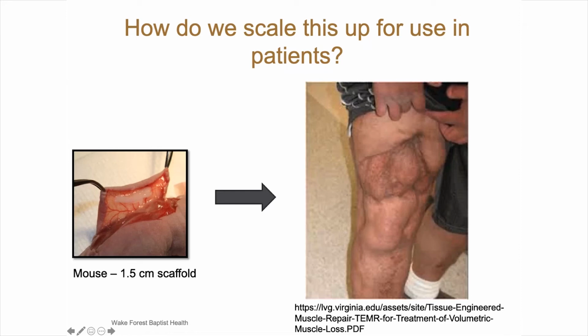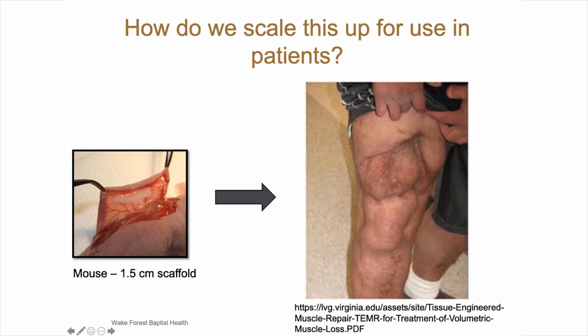So this picture on the left is from an experiment that I did about 10 years ago. This is a scaffold that I grew skeletal muscle cells on, and then I put them into the skin of a mouse to see if it would become vascularized and actually form muscle tissue.